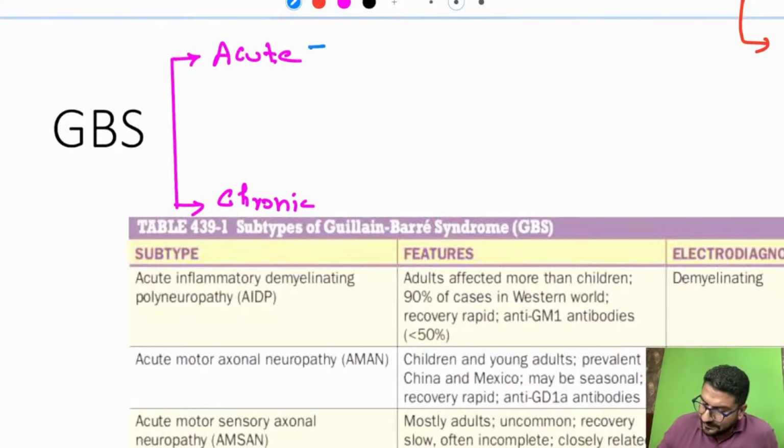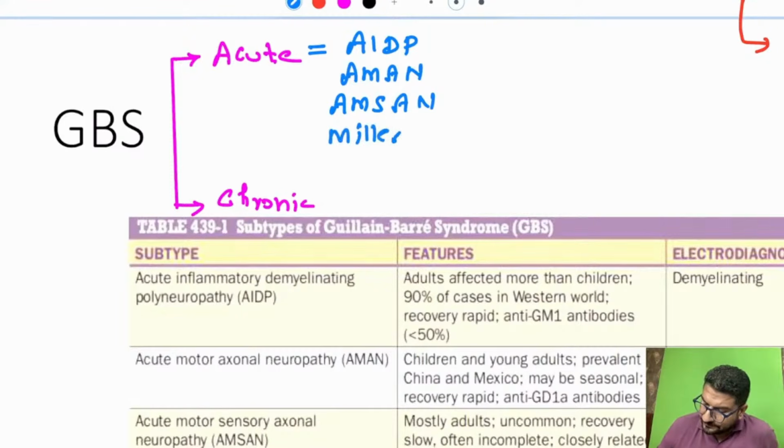So in acute we have a total of 4 conditions. Most common will be AIDP, acute inflammatory demyelinating polyneuropathy. Second will be AMAN, acute motor axonal neuropathy. Third will be AMSAN, acute motor sensory axonal neuropathy. And fourth is called Miller-Fisher syndrome. In chronic we have only one variant, that variant is called CIDP.